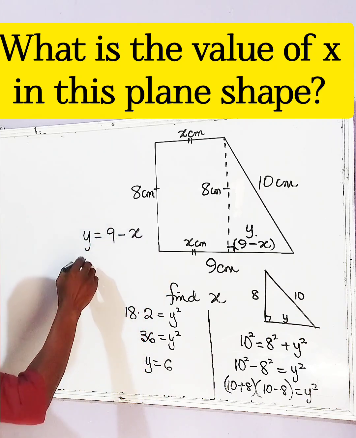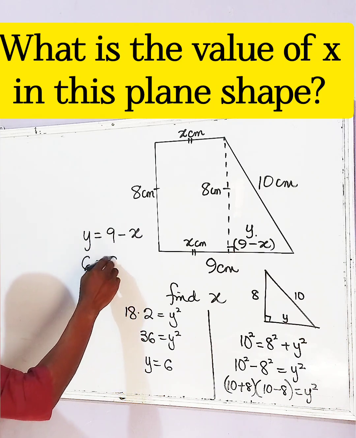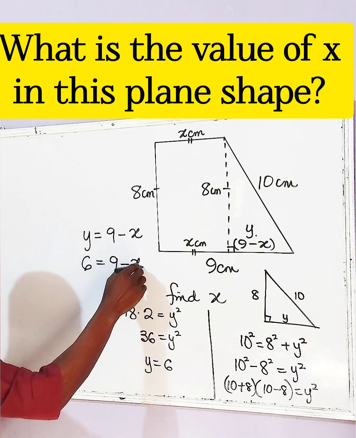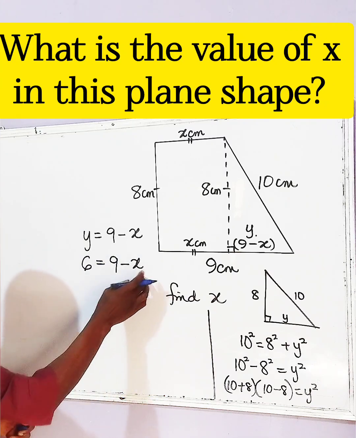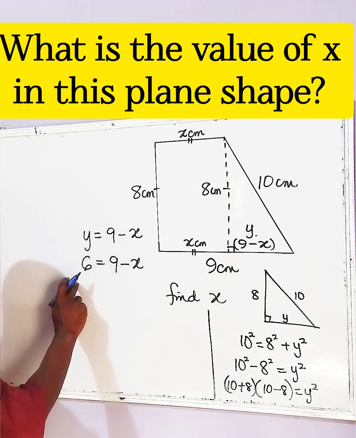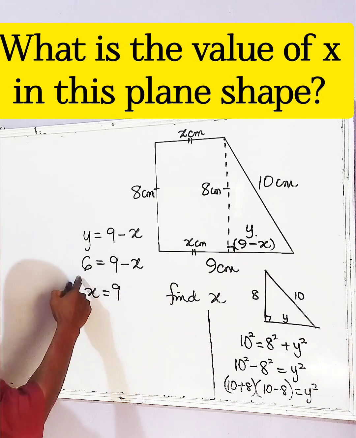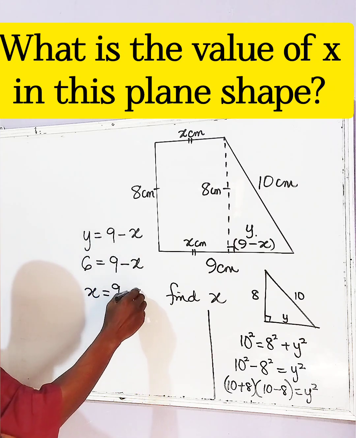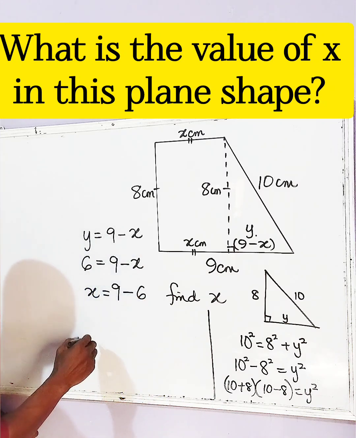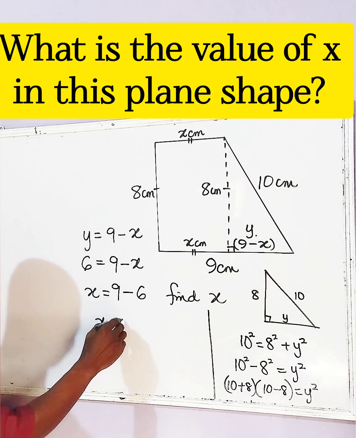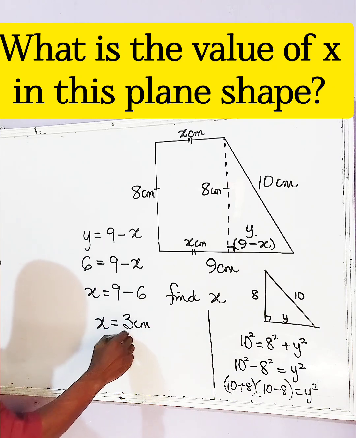So here we have that 6 equals 9 minus x. Now collecting like terms, bringing negative x over to the right hand side, and bringing 6 over to the right hand side, we have 9 minus 6. So x equals 3 centimeter.